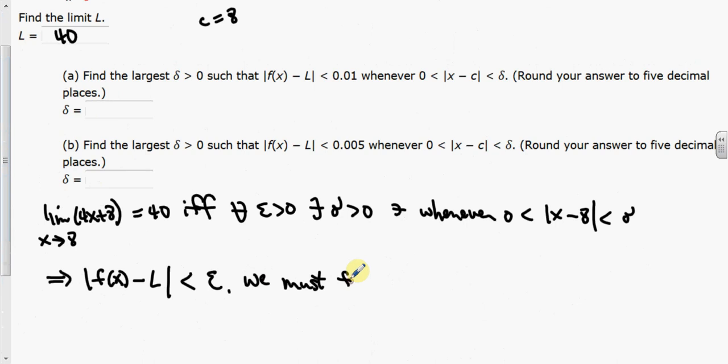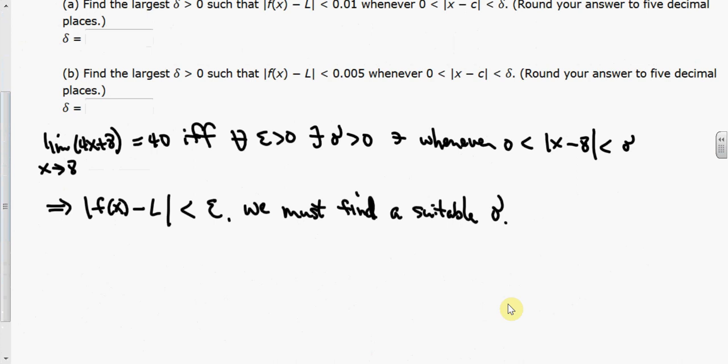We must find a suitable delta, a suitable delta that is related to the epsilon.